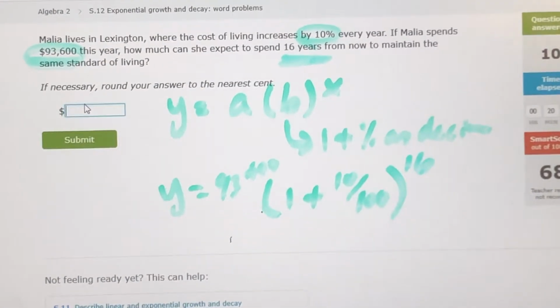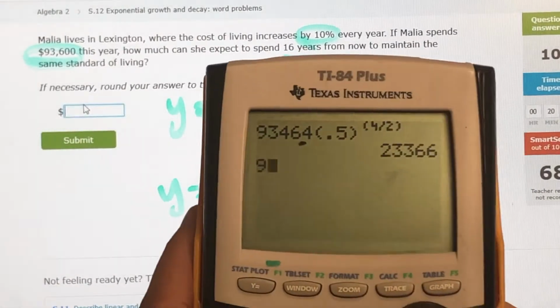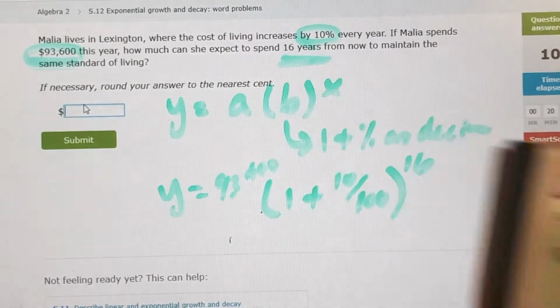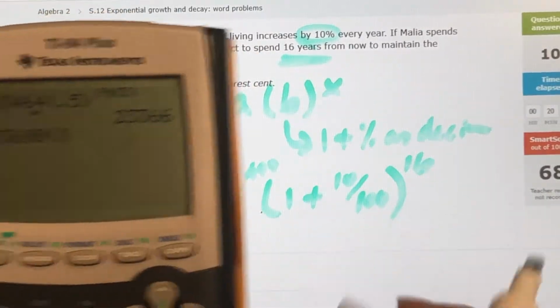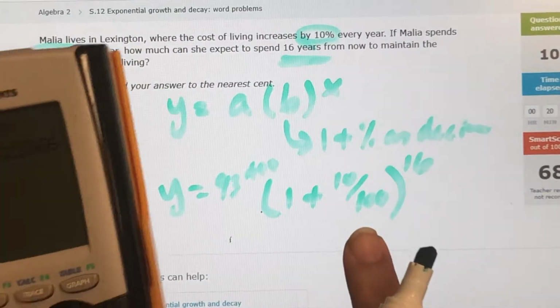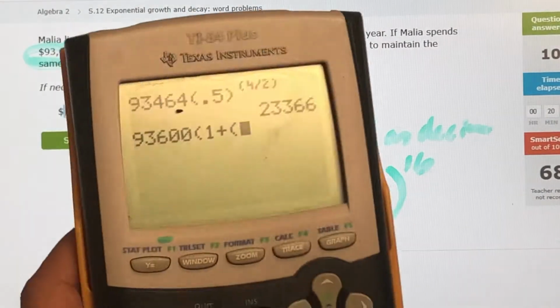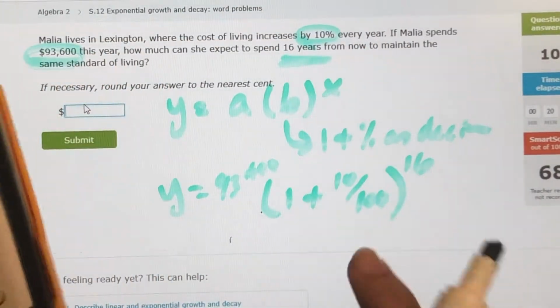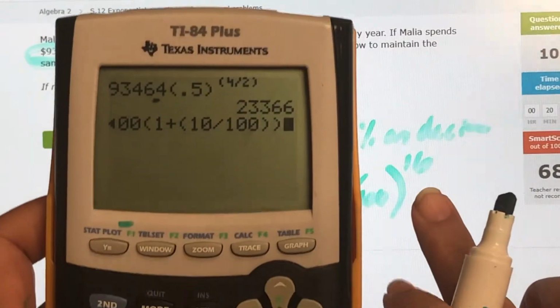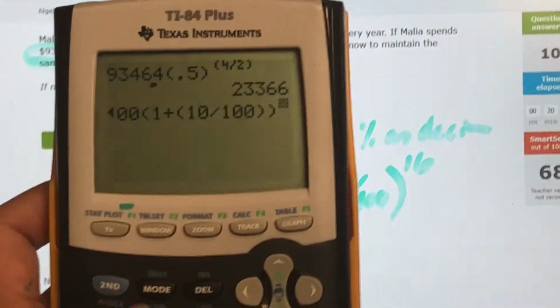And then you just put that into the calculator. It starts off with the initial, which is 93600, and then times, open parentheses, 1 plus, and anytime you see a fraction, you put it in parentheses. So parentheses, 10 divided by 100, close parentheses, and then close the other one, and raised to the power of 16.